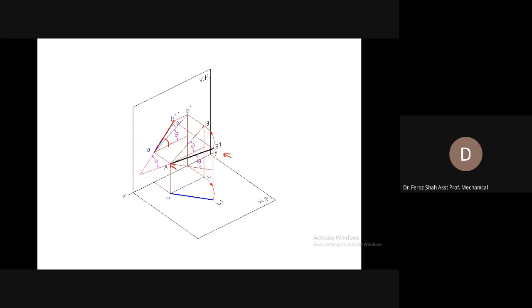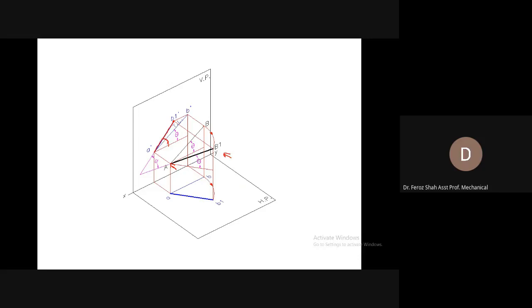So the effect of that is that the front view would now appear shorter than the true length, and also the inclination of the front view will be greater than the angle theta, and this apparent angle will be called alpha.